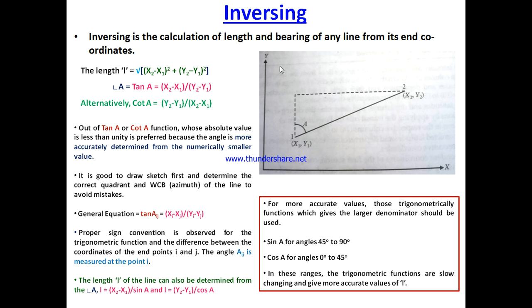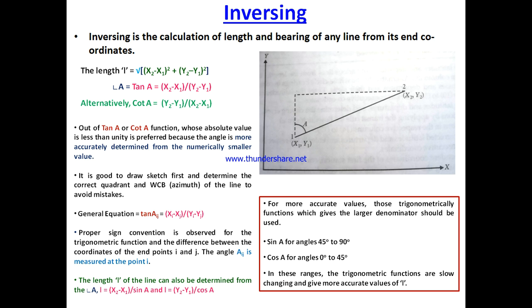So it is good to draw the sketch first of a particular traverse line or the traverse, and we need to determine the value of azimuth or whole circle bearing in order to avoid all the errors. So in this process of inversing, in order to calculate the length and bearing from the end coordinates, we just need to know the following equation: tan Aij will be equal to (xi minus xj) upon (yi minus yj).